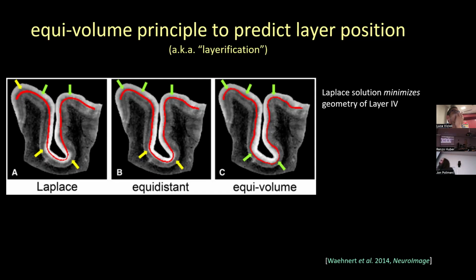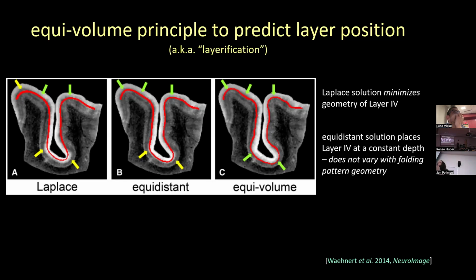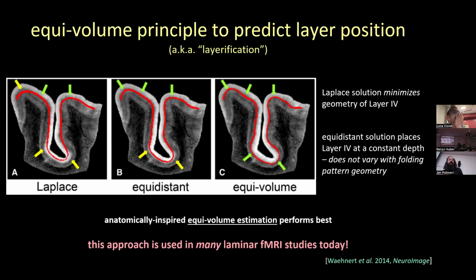If we use the simple equidistant approach, in which we say layer 4 is at 40% of the cortical thickness at every cortical location, it doesn't do such a bad job. It's okay, but it doesn't vary with the folding pattern as we know the position of layer 4 does. It's this anatomically inspired equivolume principle that performs best and is able to capture the position of layer 4, because it adjusts the depth at which it assumes layer 4 is sitting based on the local cortical curvature. And it's this approach that's used in many laminar fMRI studies today.